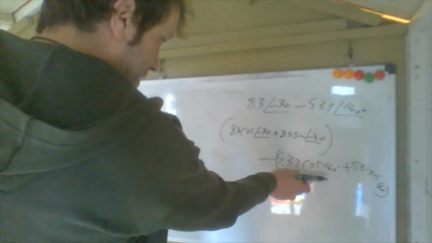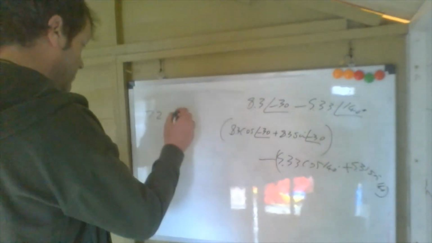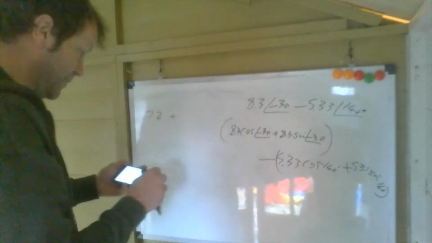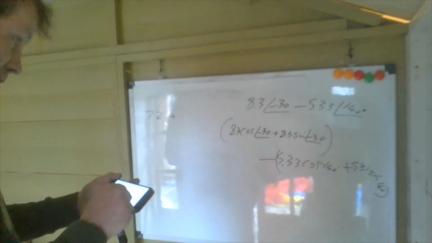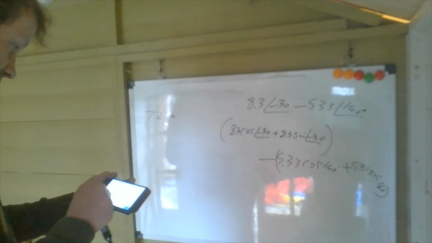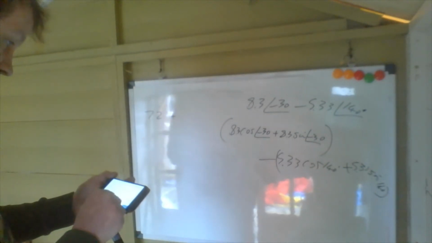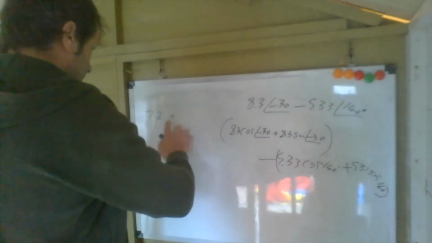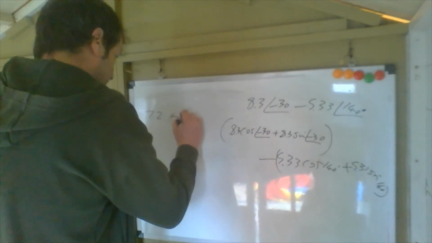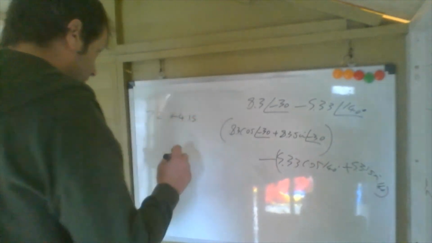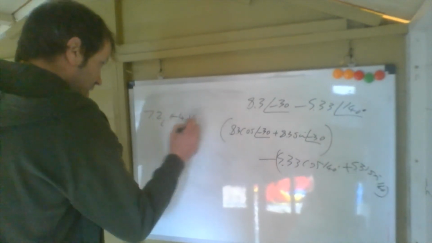Right, I could just do this one and add this one. Well, it doesn't matter, right? And 8.3 sine minus 30, that's minus 4.15 I and j.